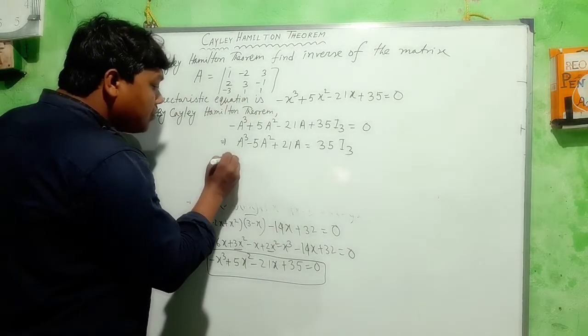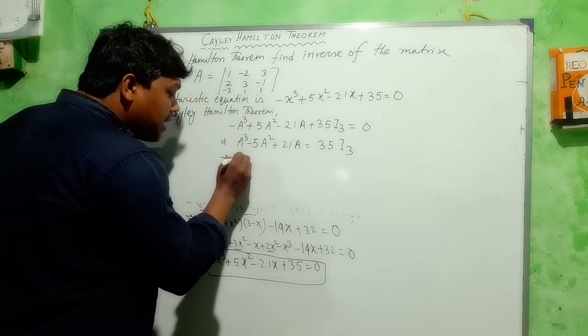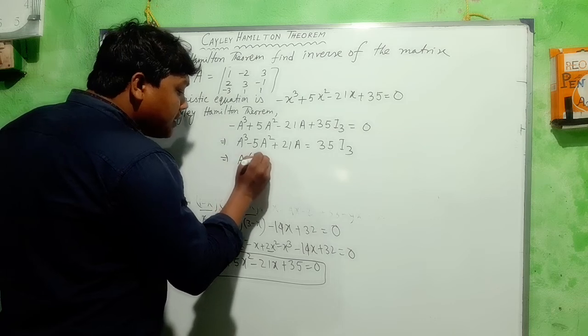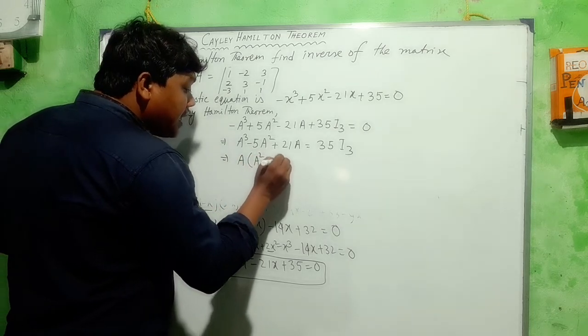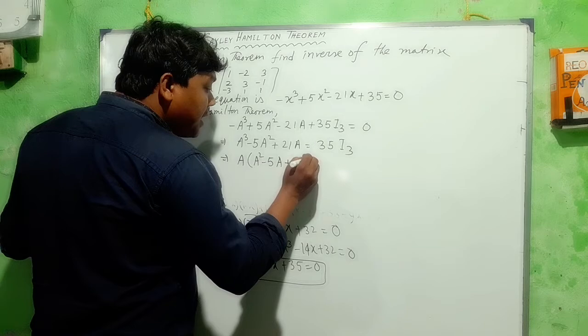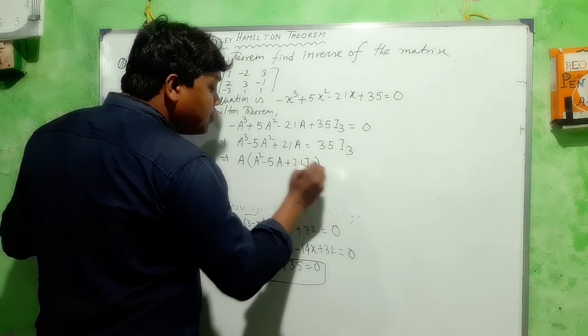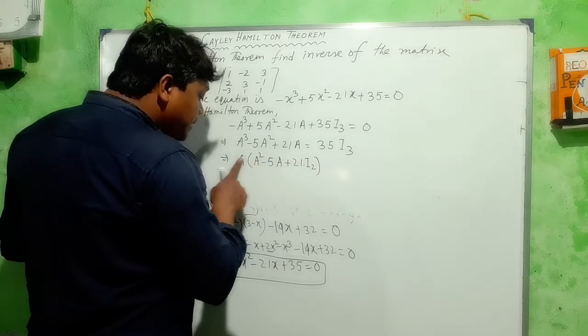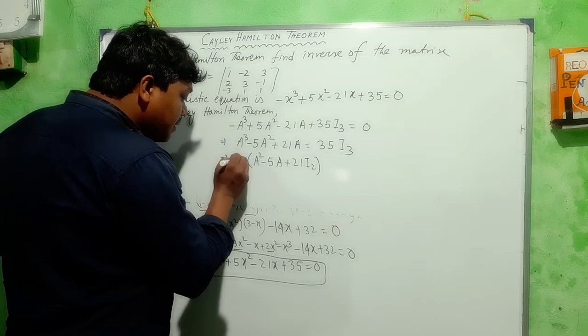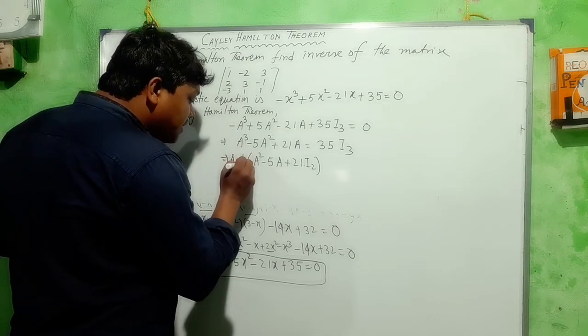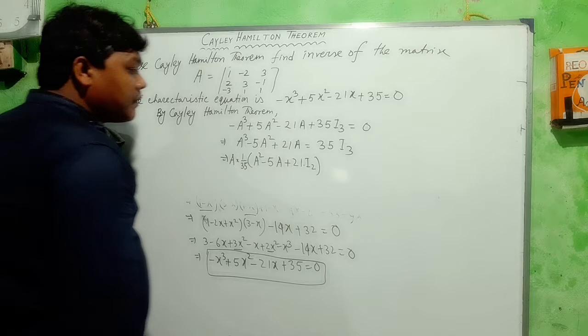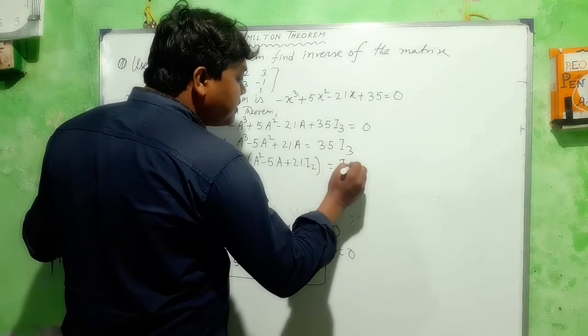So now A into (A square minus 5A plus 21 I2), I took A common, 1 by 35, equals to I3. Am I right?